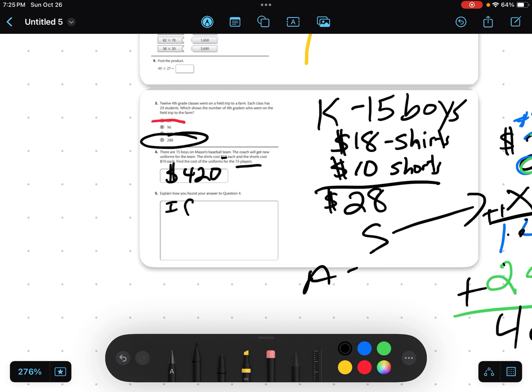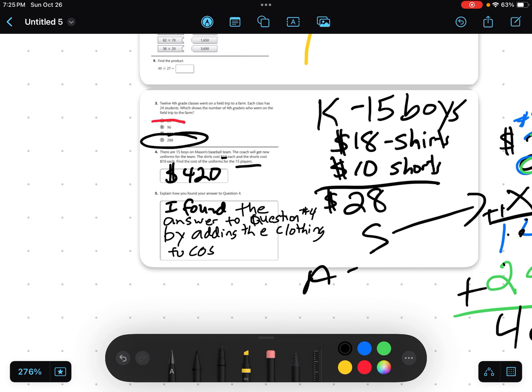I found, remember you always want to use some of the words in the question. I found the answer to question number 4 by adding the clothing cost, what was it, $28 each? $28 per player.